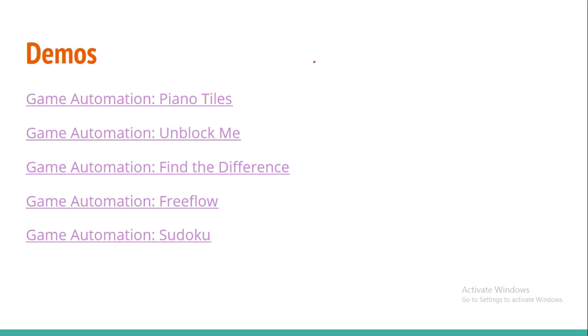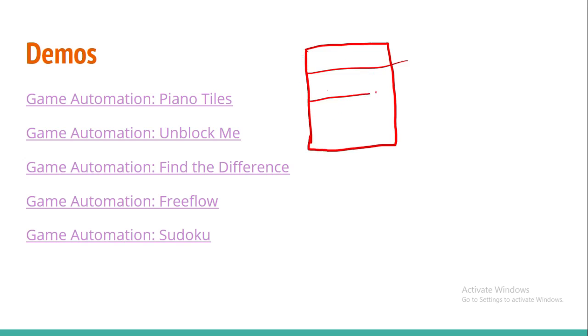There are a number of interesting mobile games. For example, one of the mobile games that is very interesting is called Piano Tiles. In that game, this is the mobile screen, excuse my bad drawing. The screen is divided into tiles.